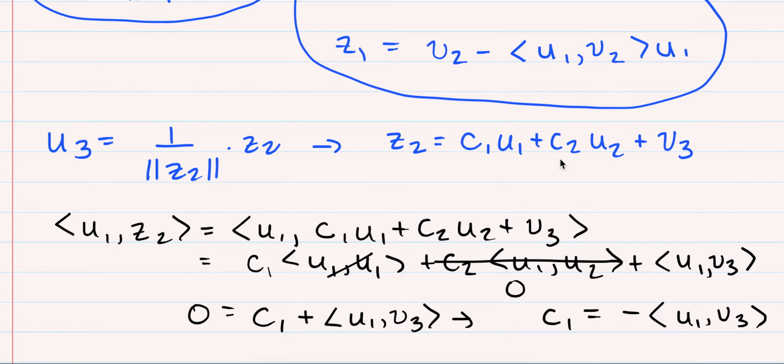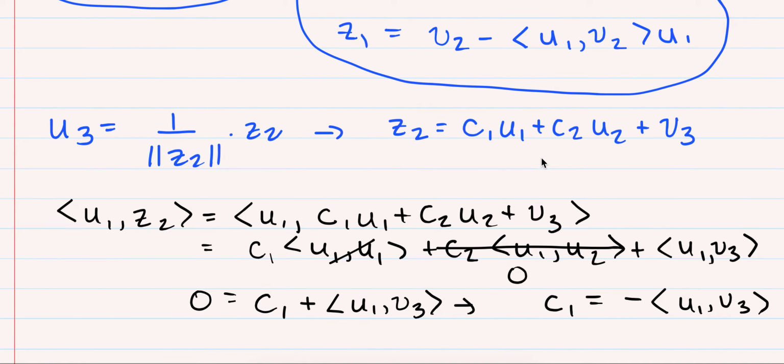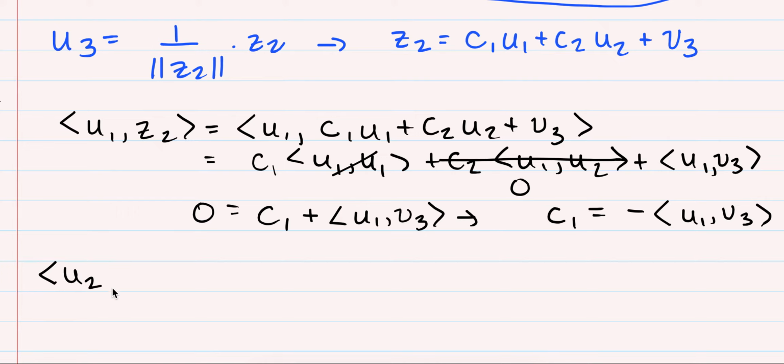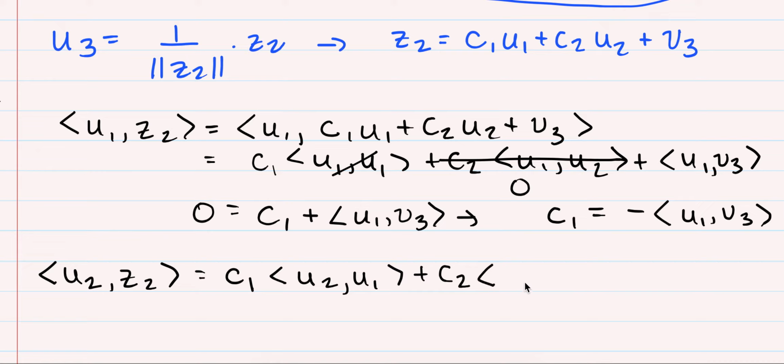Then we need to figure out what c2 is. We do that by taking the inner product of u2 with z2, which is very similar to this: c1 (u2, u1), and instead of putting a u1 here, I'm putting a u2. Everywhere I see a u1 on the left, I substitute a u2, plus c2 (u2, u2) plus (u2, v3).